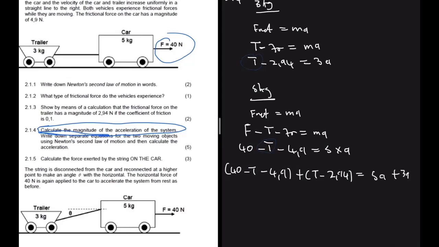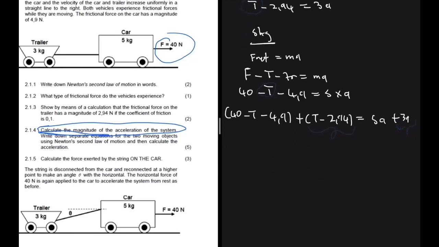So this is the left hand side of our first equation, and this is the right hand side of our first equation. So the equation is still balanced, but now T is disappearing, and we're gonna be able to solve for A. So we are saying 40 minus 4.9 minus 2.94 equals 8A.